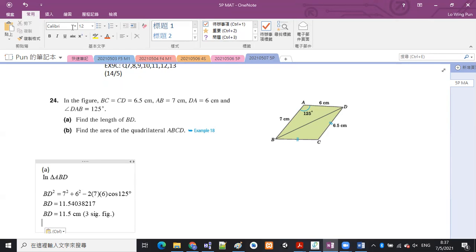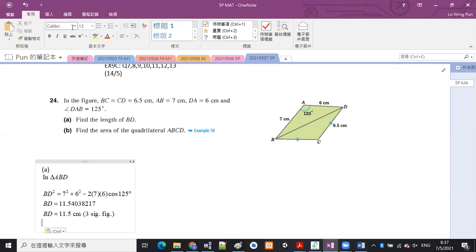We need to calculate the S and then the square root, right? Because we have this included angle, we have another formula, half times a times b times sine theta, right? 1/2 times 7 times 6 times sine 125 degrees. I think this will be slightly simpler, right?